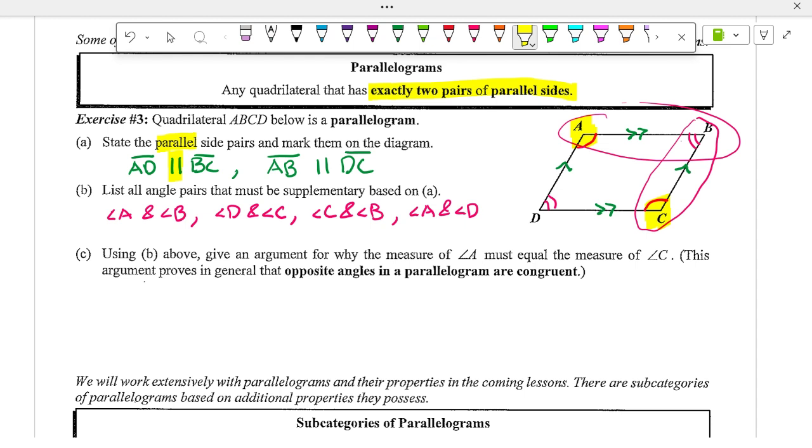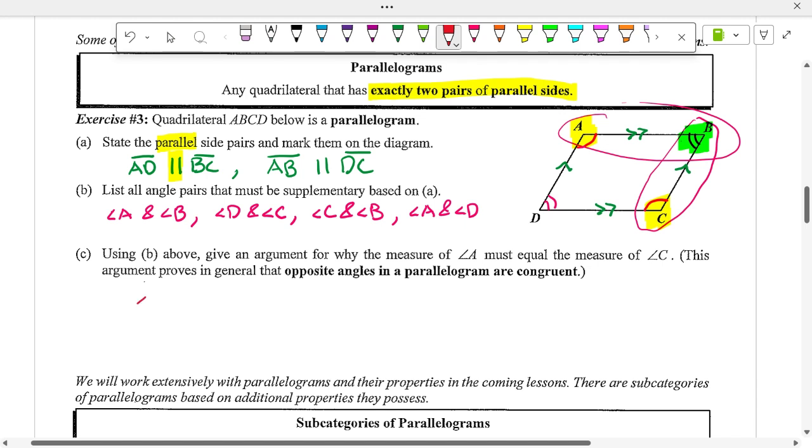What could I use? Look at the overlap that I circled. Aren't A and C supplementary to the same angle? Yes, which angle? B. So A and C are supplementary to B.